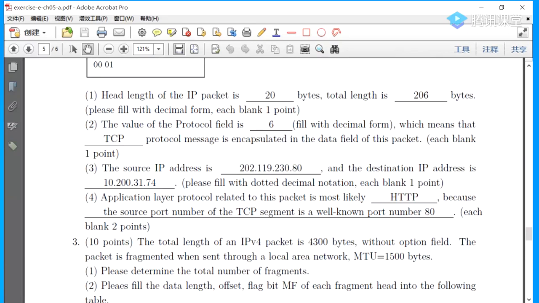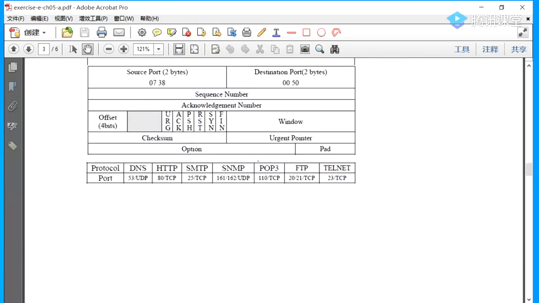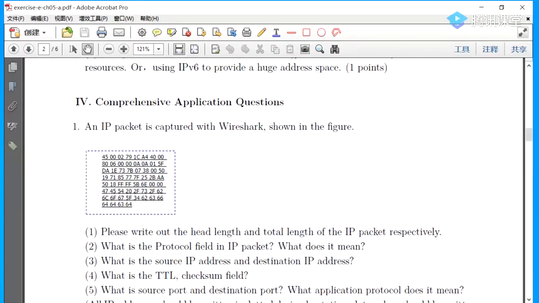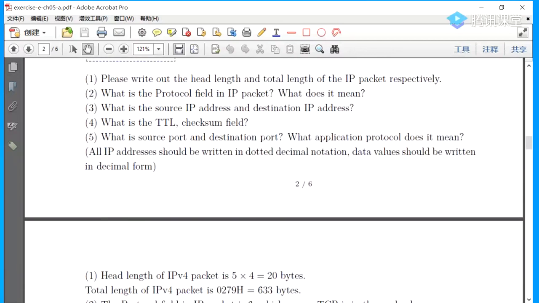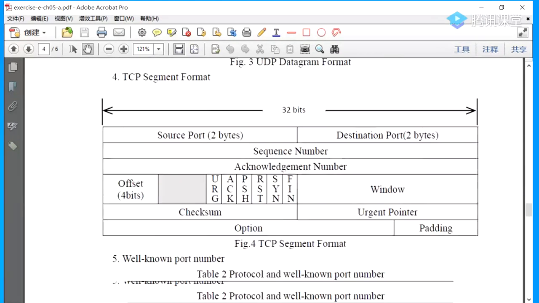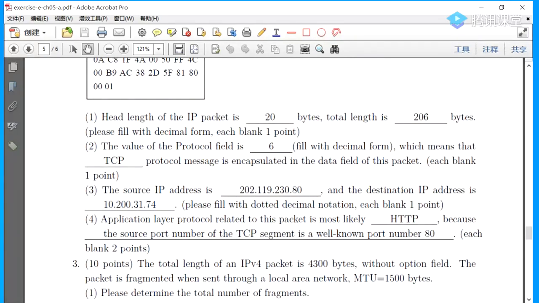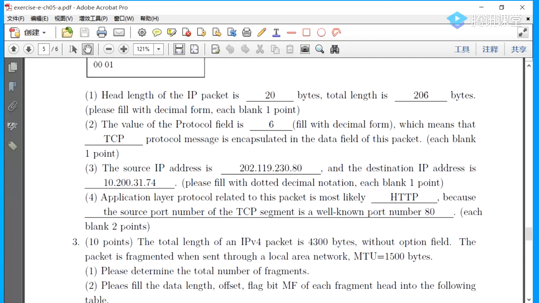So using the same method as solving question 1, right? The source IP address is 202.119.230.80.